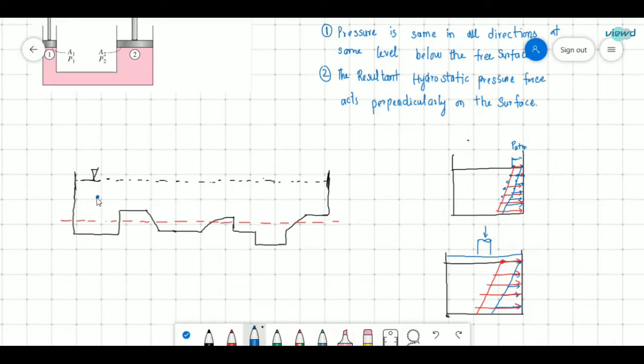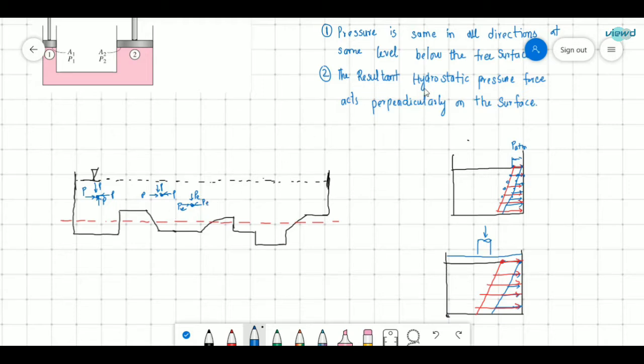If we consider a point here, the pressure will be P, P, P, P in all directions. If we consider another point at the same level, here it will also be P, P, P, P in all directions. So that is what the first one is indicating. If we consider a point below the first point, there will be some excess pressure, let us say PE, PE.